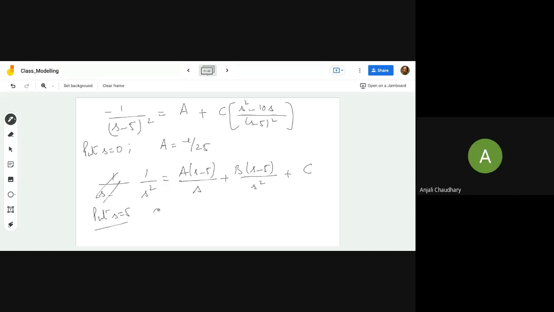C is 1 by 25. Now, isn't it easier? Right? So this is another method to ease out the values.